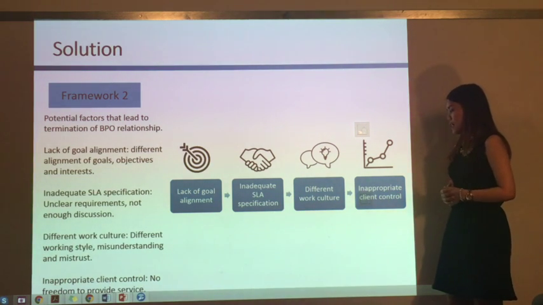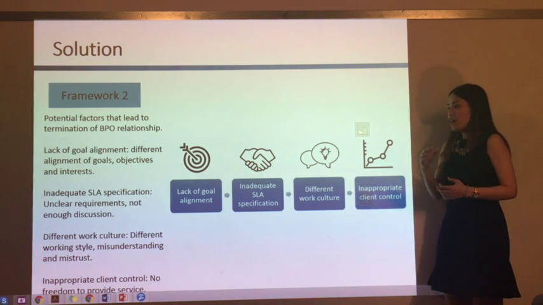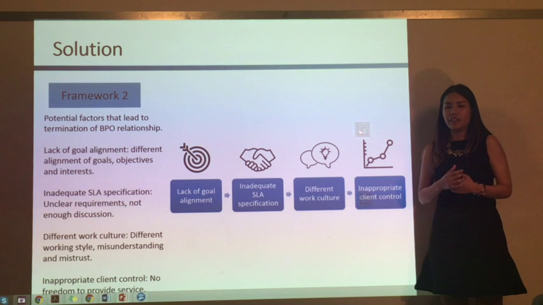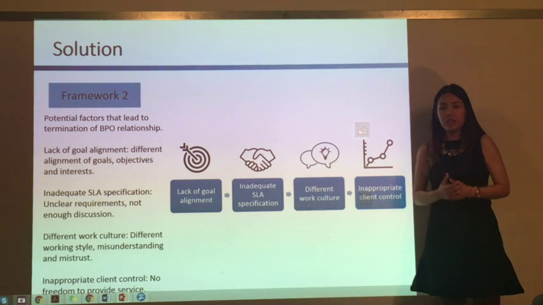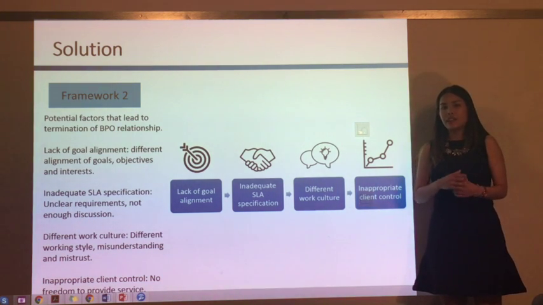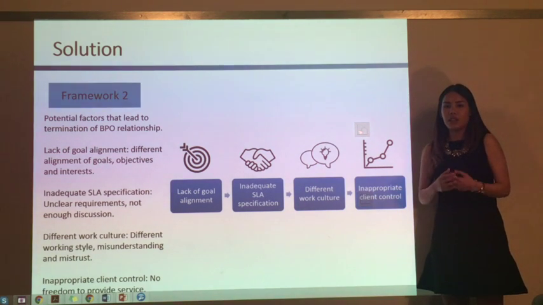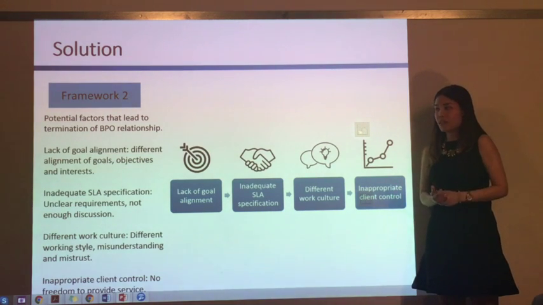And the last one is inappropriate client control, where the client does not provide the provider the flexibility and freedom to solve the problem. On the other hand, the BPO clients didn't dedicate their managers or team members to be involved in the project.